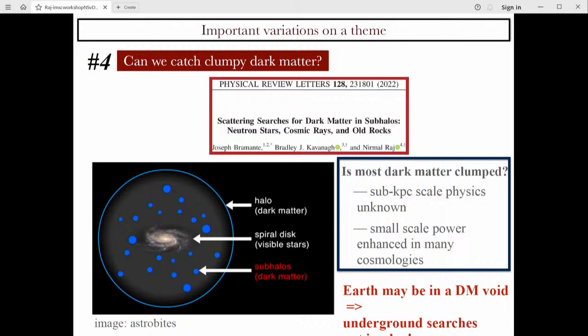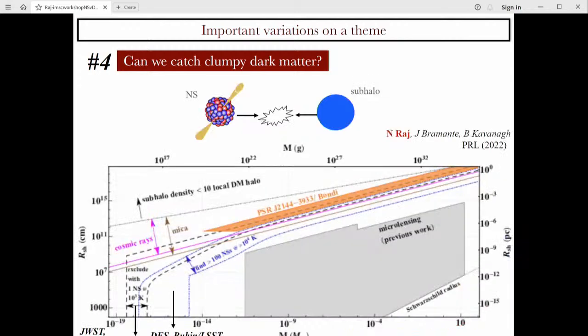So what do? Well, neutron stars to the rescue. These subhalos could be encountering neutron stars over cosmological time scales, and every time an encounter happens, you could heat up the star. So if you do a survey of nearby neutron stars, maybe you can always find a fraction of the neutron stars at a high enough temperature that's within your telescope sensitivity.